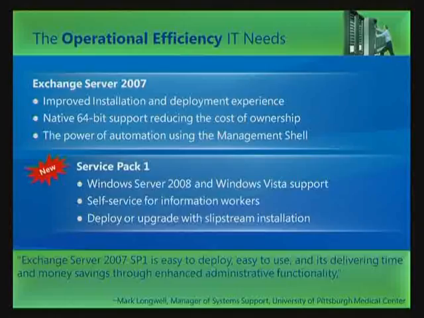So we're on the last pillar here, so we're getting to our home stretch. We have operational efficiency, and with Exchange Server 2007, I mentioned earlier the improved installation and deployment experience. This is really around the introduction of the 5 server roles.